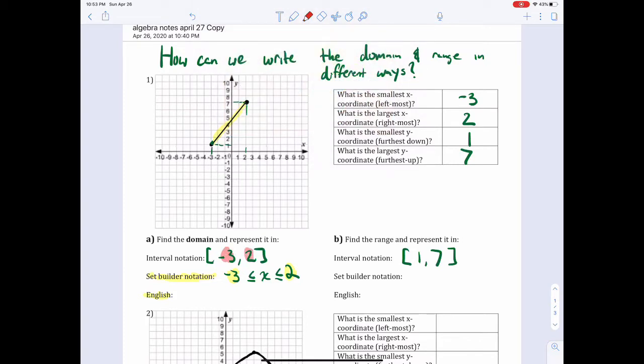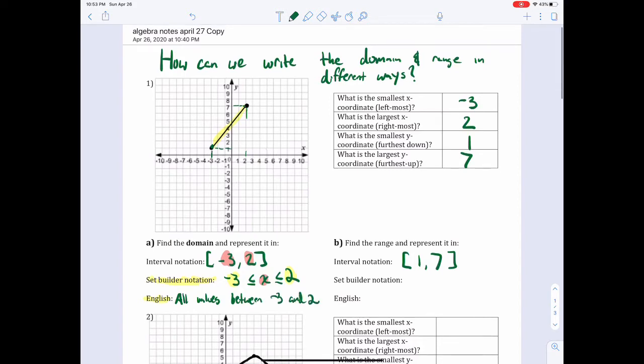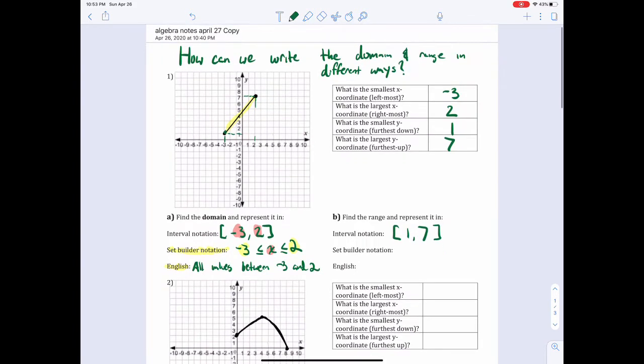You see how x is between those? That's kind of what it means. So in English, that's pretty much what you would say: all values between -3 and 2.